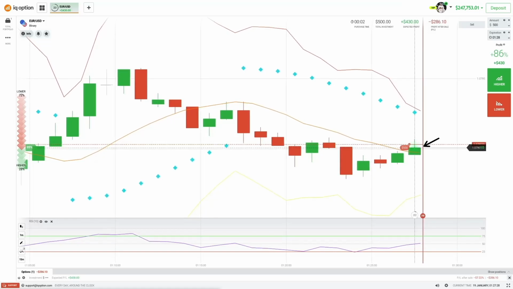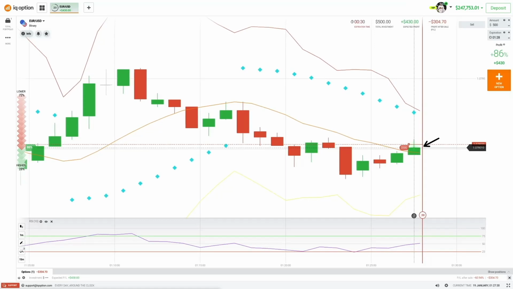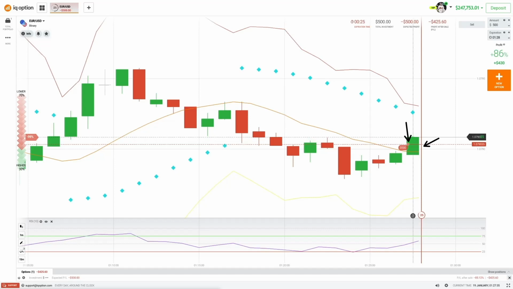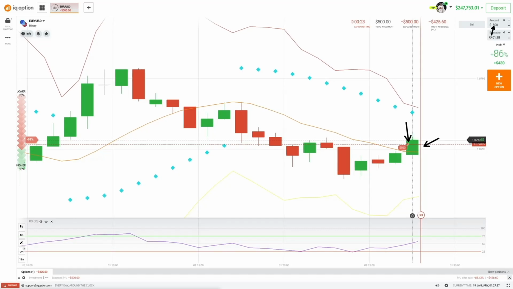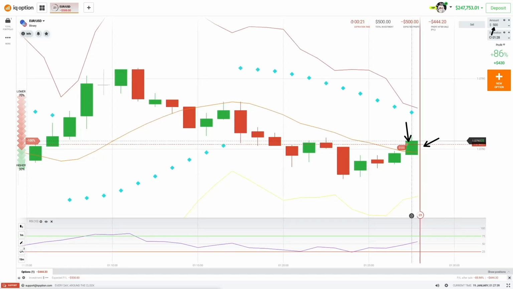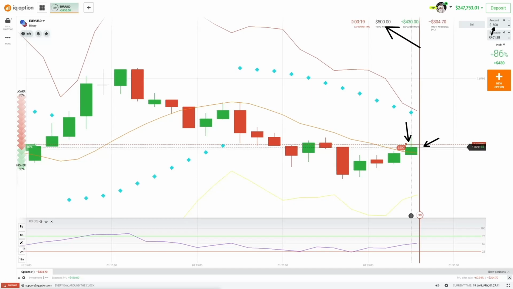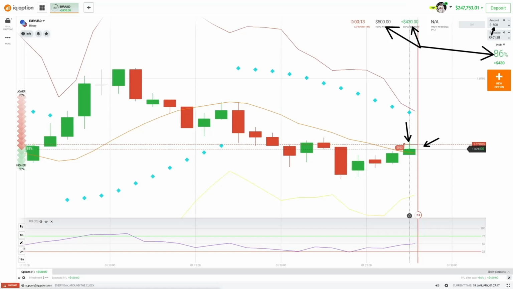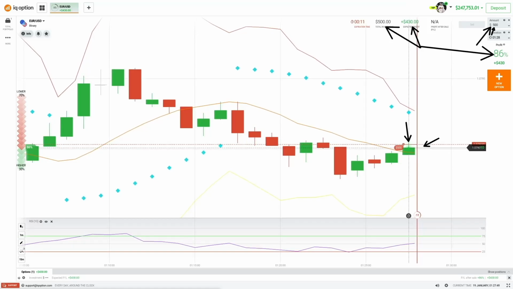Once you understand and you master my strategy, you will understand why I'm making these decisions, why I'm opening these trades. So as you can see, I'm investing $500, the total investment. If I'm winning, I'm making $430. That's 86% of $500.